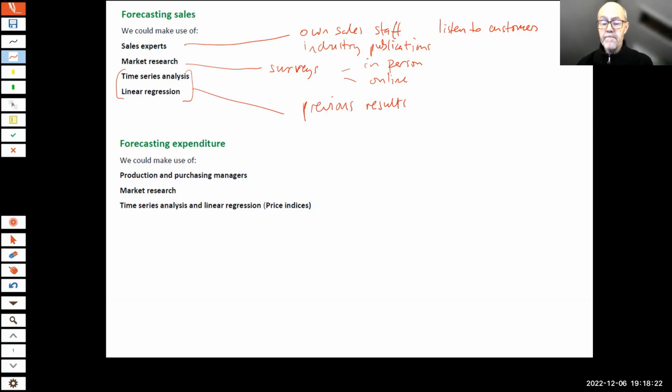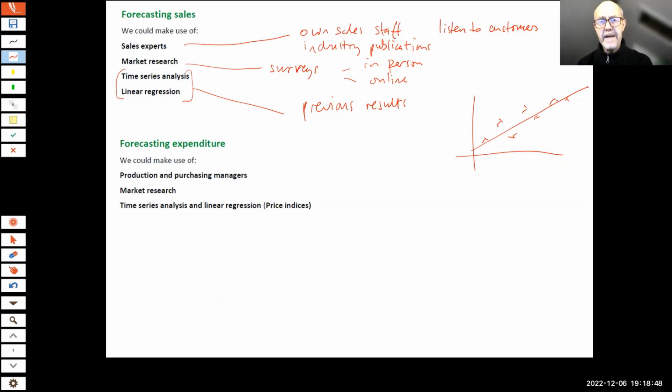Linear regression, in summary, is if you've got a graph where you plot lots of data points, linear regression is a mathematical technique that looks at those points and goes, ooh, that's the line, what do we call it, a line of best fit.